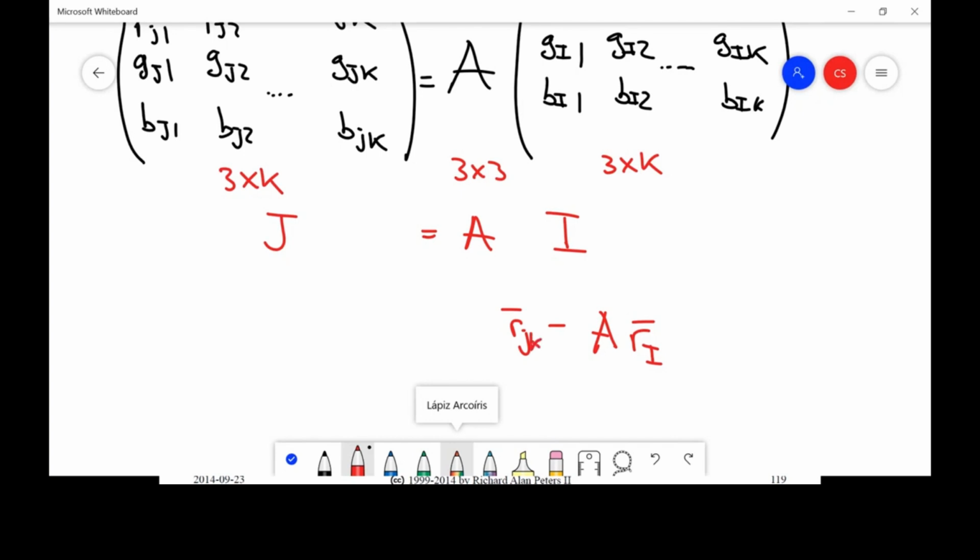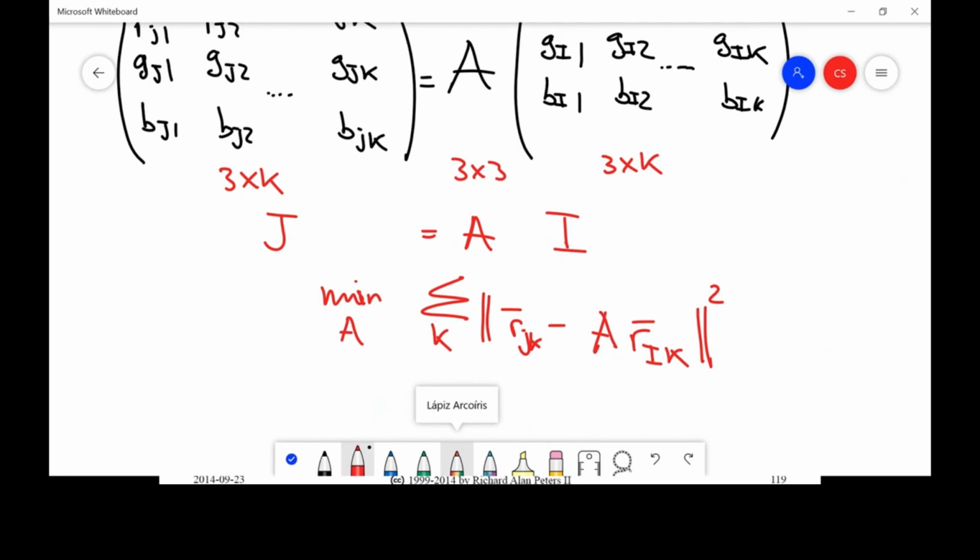So for every one of the pairings, I want this difference to be as small as possible. I can encode that by taking the norm of that vector, summing over all the pairings, and minimizing it. You have to find the A that minimizes that sum.